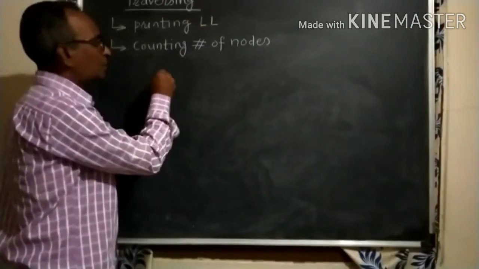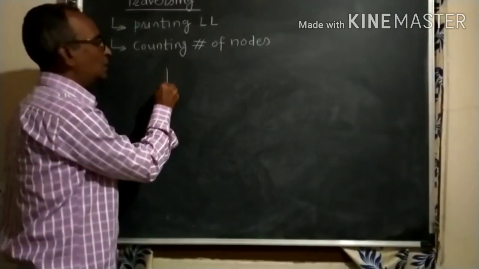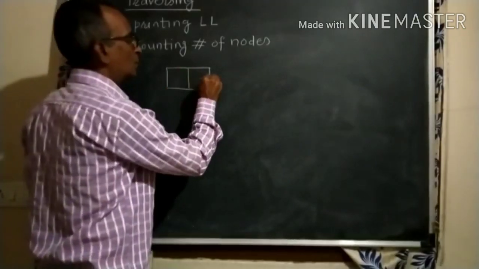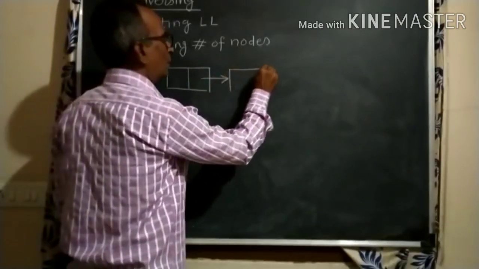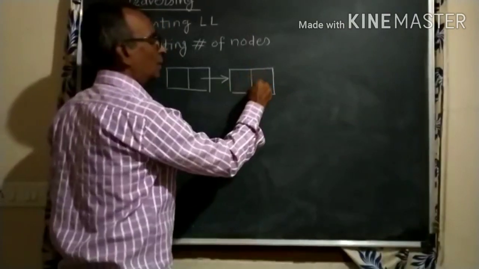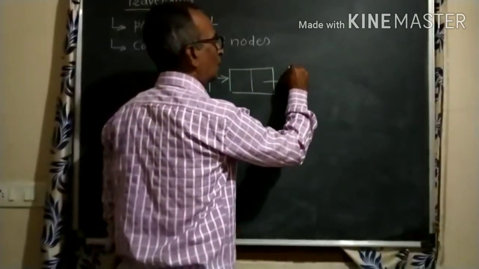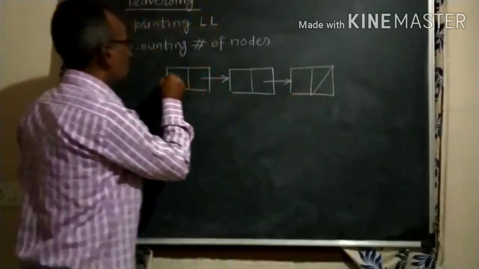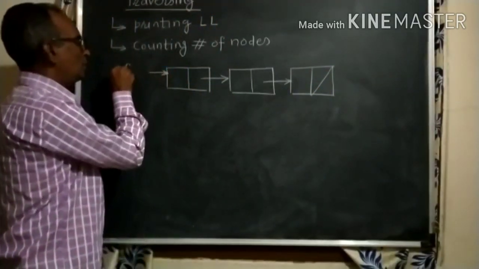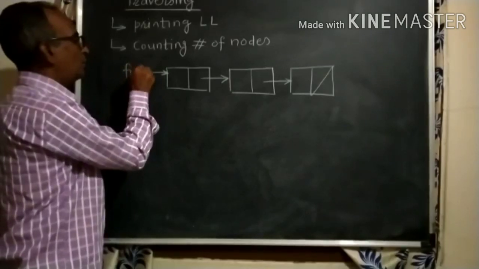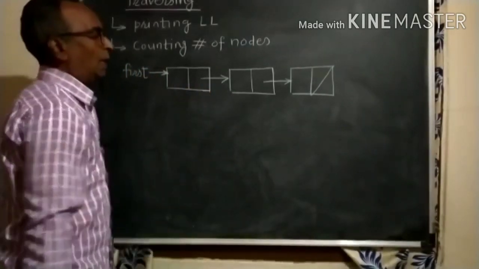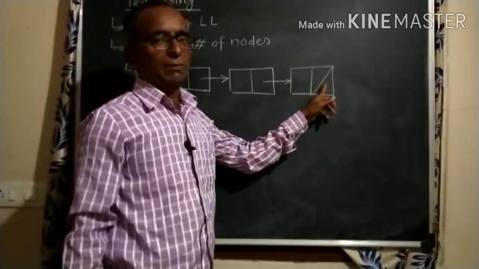Assume I have a linked list of some nodes. This is first node. We have seen address of first node is must, and the last node's link field always will be null.